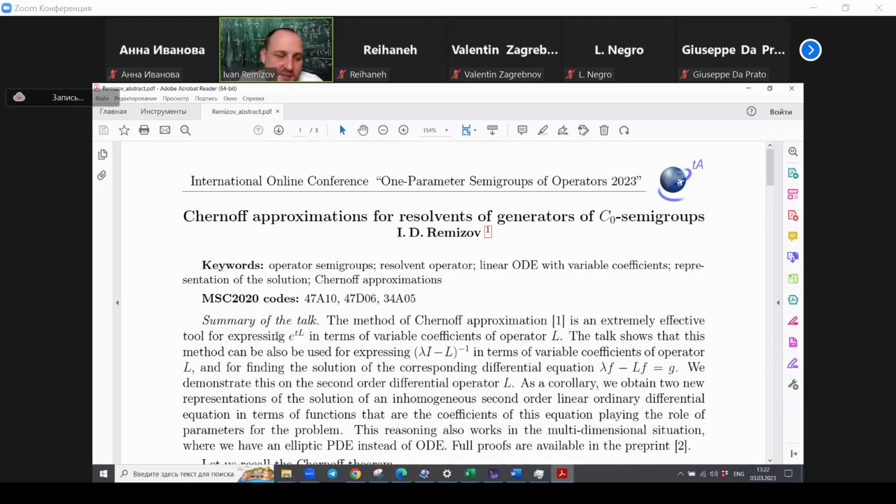So other methods are needed, and one of the methods is Chernoff approximation, which, if we have a differential operator L of any order with variable coefficients, indeed allows to express this exponent as an explicit formula in terms of coefficients of operator L.